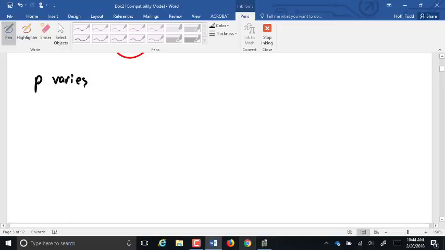Doesn't always have to be y and x. It could be any variable. P varies directly with m and d. Doesn't always have to be just 2 variables. Sometimes it can be more.